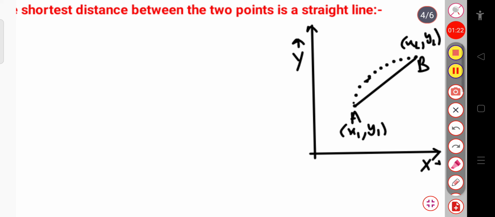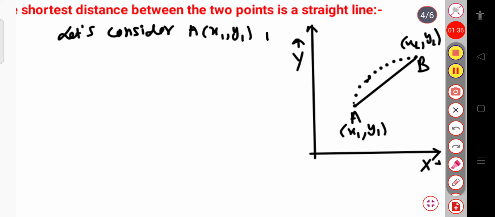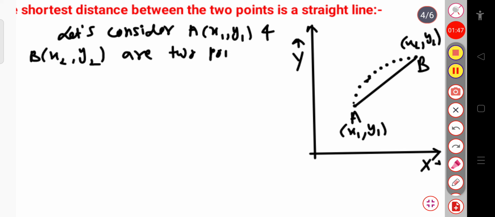Okay, so now let us consider A, that is x1 comma y1, and B, that is x2 comma y2, the 2 points in the xy plane. So these 2 points are situated in the xy plane.